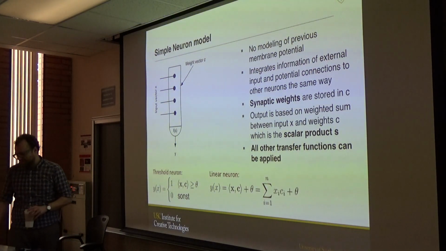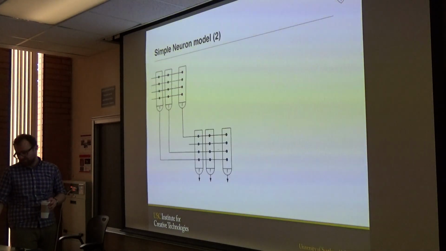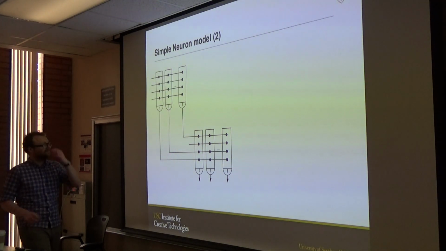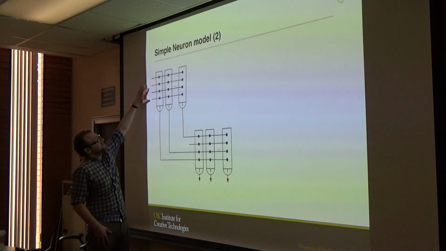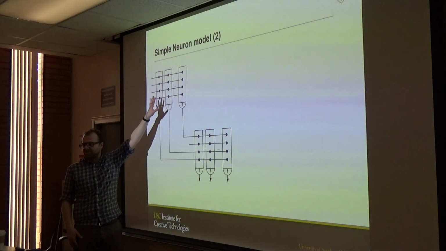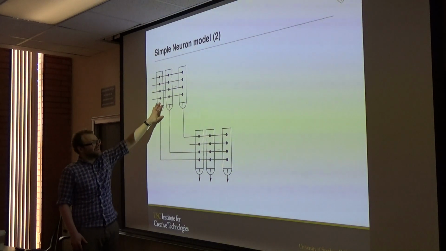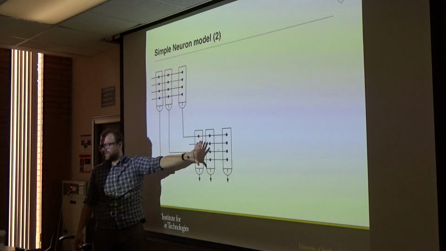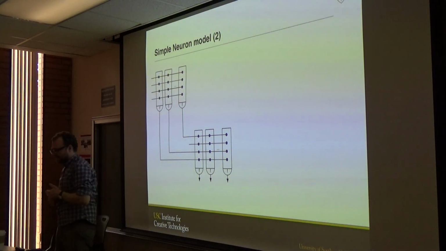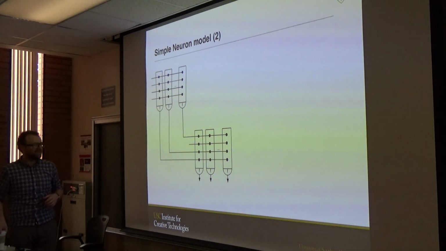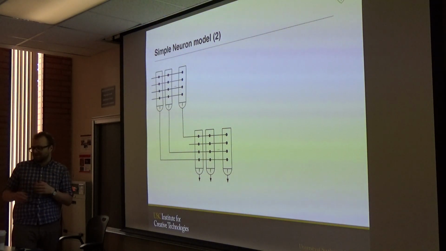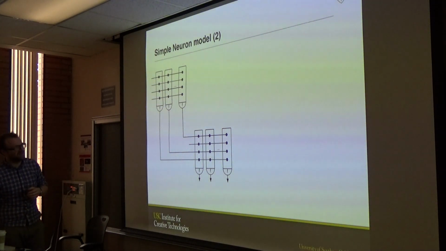Now we can actually connect those neurons, and we can imagine that there is information coming from the outside, and a bunch of neurons process this information, and then they produce something that for those guys looks like it's coming from the outside. You can reiterate that multiple times, so you can have many layered neural networks if you just combine those ideas together.